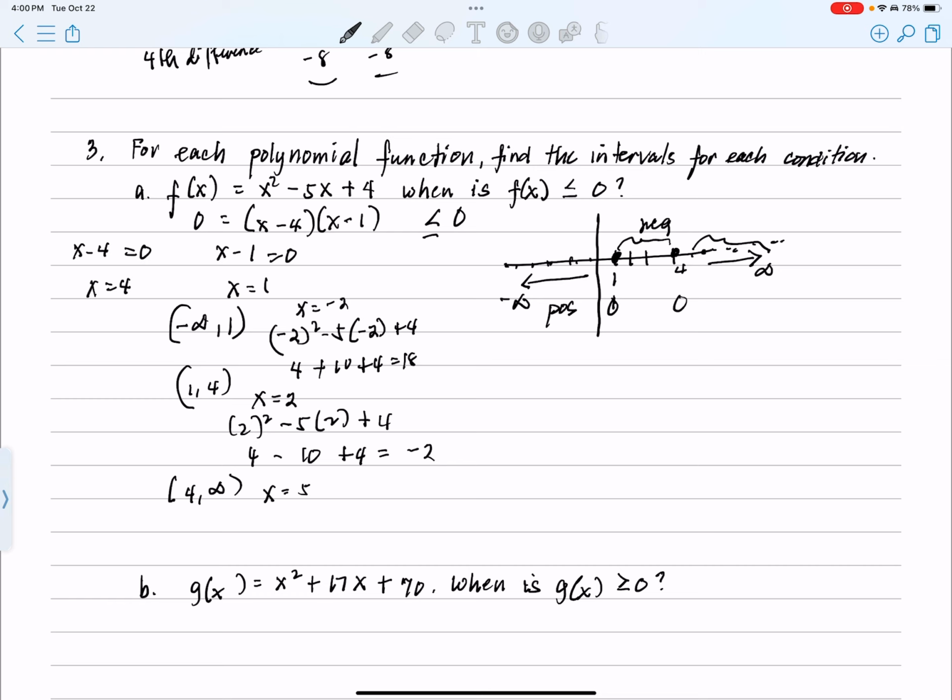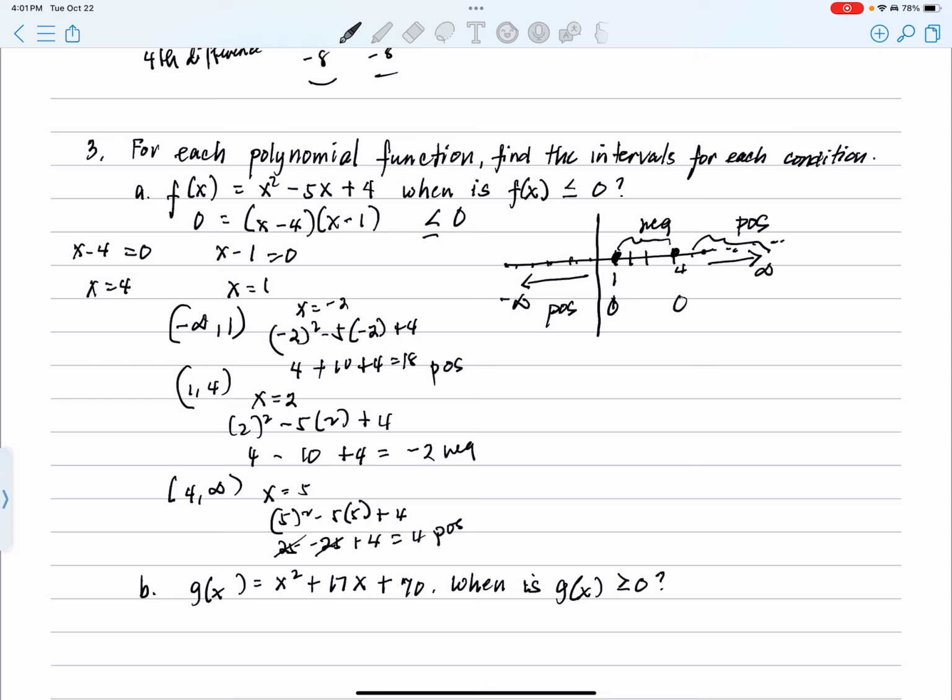That would be 5 squared minus 5 times 5 plus 4. So I have 25 minus 25 plus 4. Cancel. So I have 4. And 4 is positive. So positive, negative, positive. So the interval of 4 to infinity is positive.